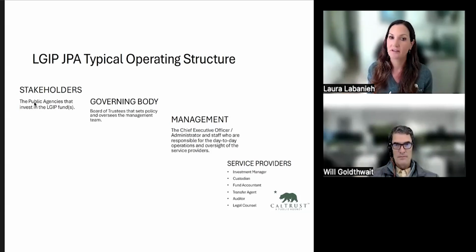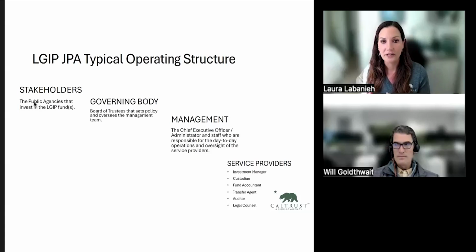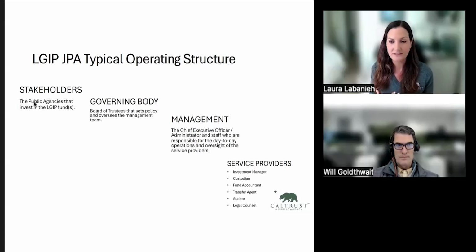And this also can vary based on the different JPA LGIPs in California. For example, at CalTRUST, the management, myself, the chief executive officer, all of our staff, we are independent. We are actually CalTRUST employees. We are public agency employees, beholden only to the CalTRUST Board of Trustees.